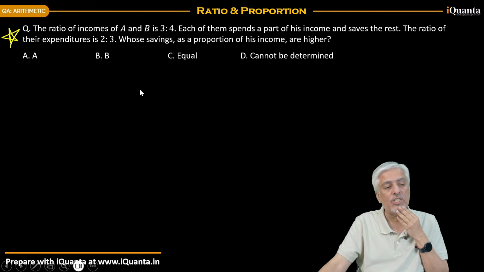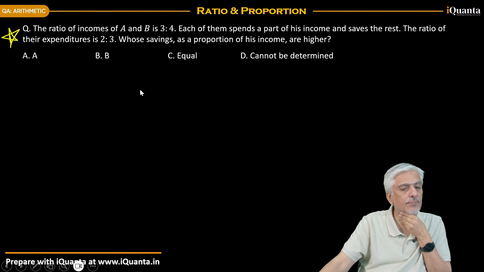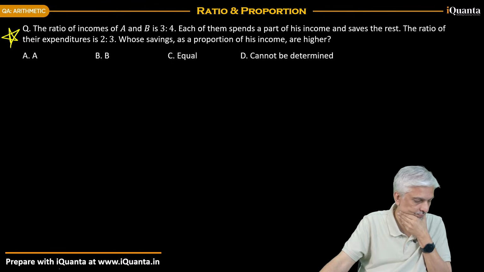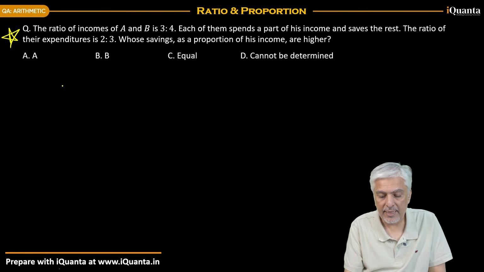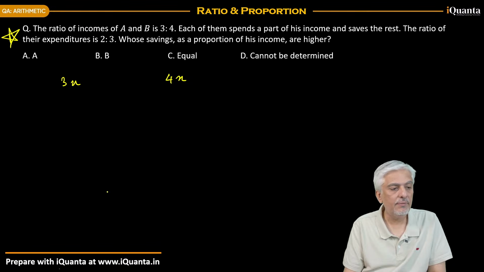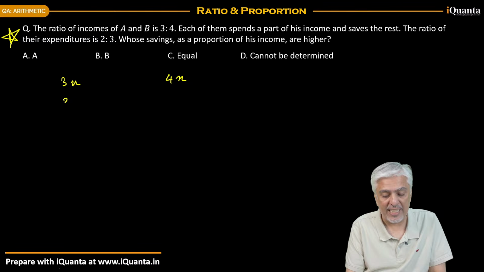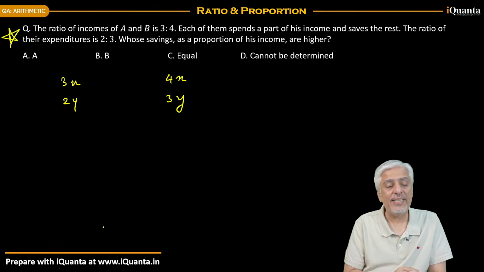Tejaswani, please read the question carefully. Starting in the same method, A's income is 3x, B's income is 4x. The expenses are 2y and 3y. Now read the question carefully.